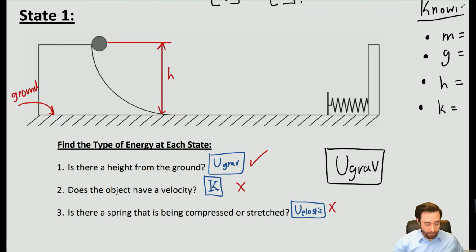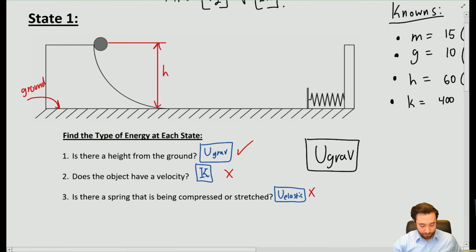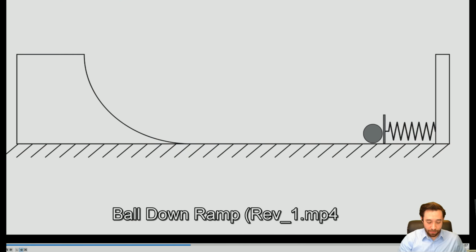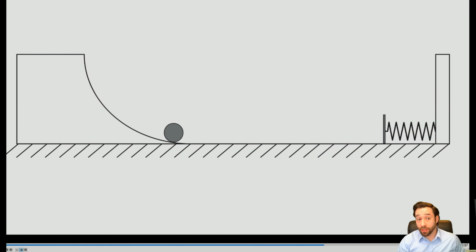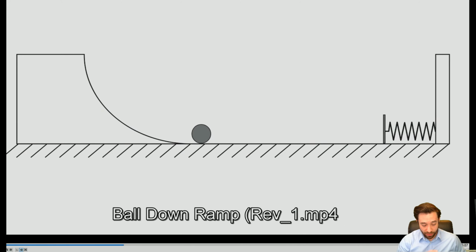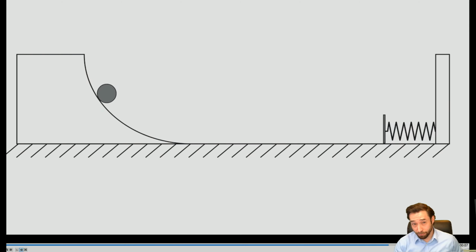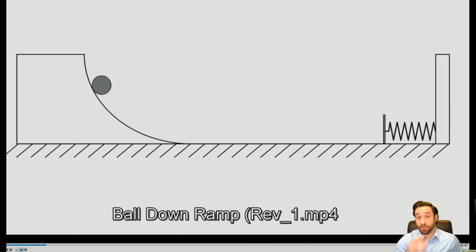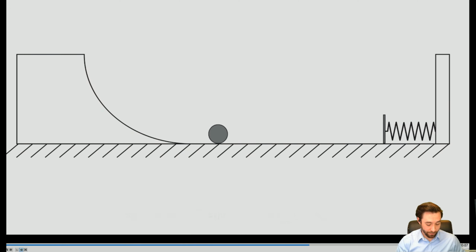Alrighty. State 2 is the point where it's traveling horizontally across the ground. We're at state 1 there, state 2 happens right there, and then it slides horizontally. I know it's a ball, but we're going to assume that it's just sliding and not rolling. I want to make that clear.